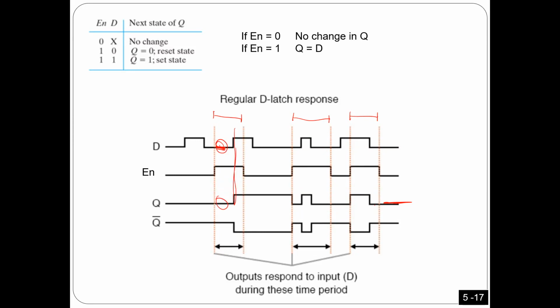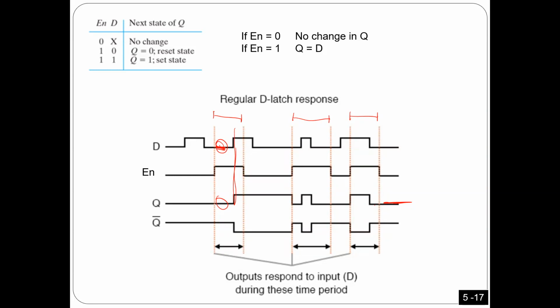That's okay. But at any time, when D changes, Q changes. Same thing here. When here it was 0, this one was 0. It goes up, this one is 1. So always Q is equal to D all the time. Is that okay? We don't like that.